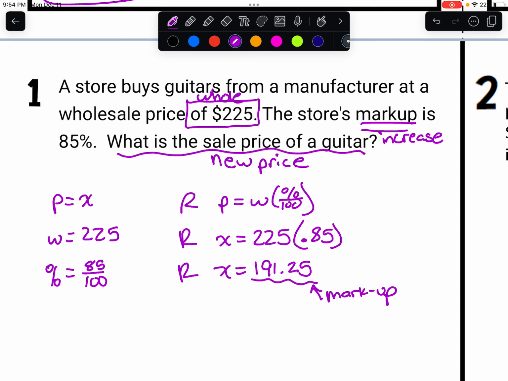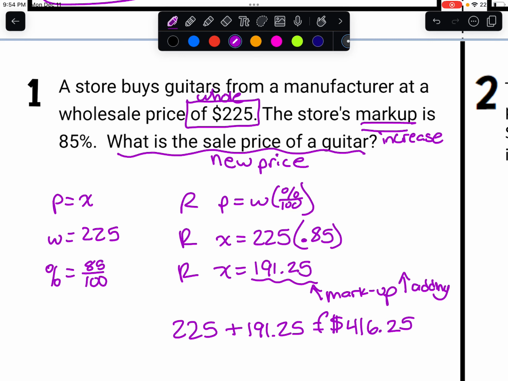If it's a markup, it's increasing the price of the guitar, which means you're adding. Therefore, we have 225 plus 191.25 for a grand total cost of $416.25.